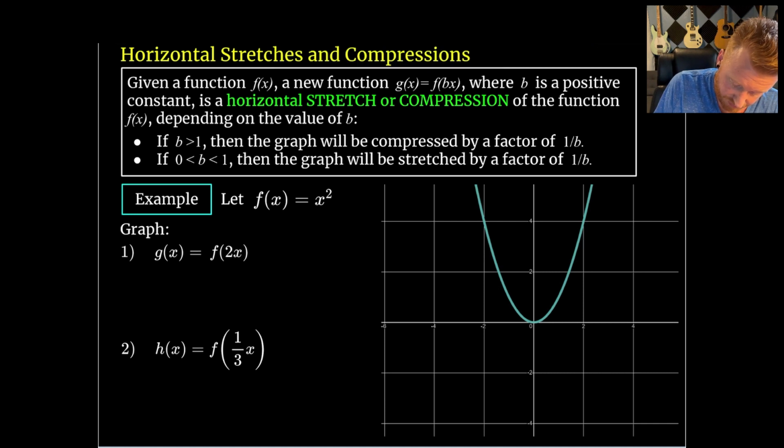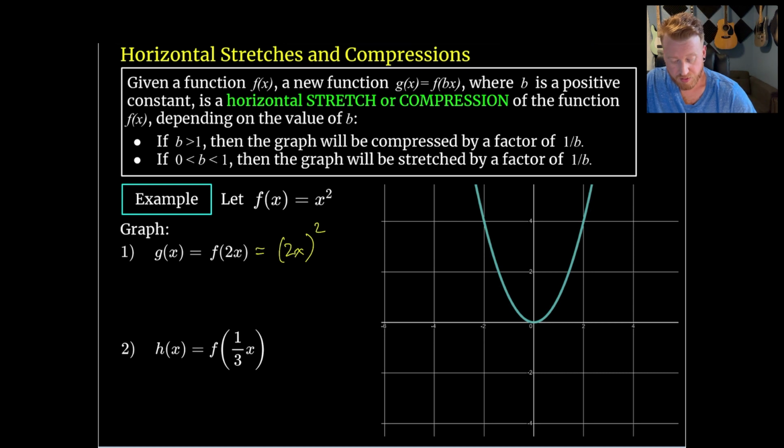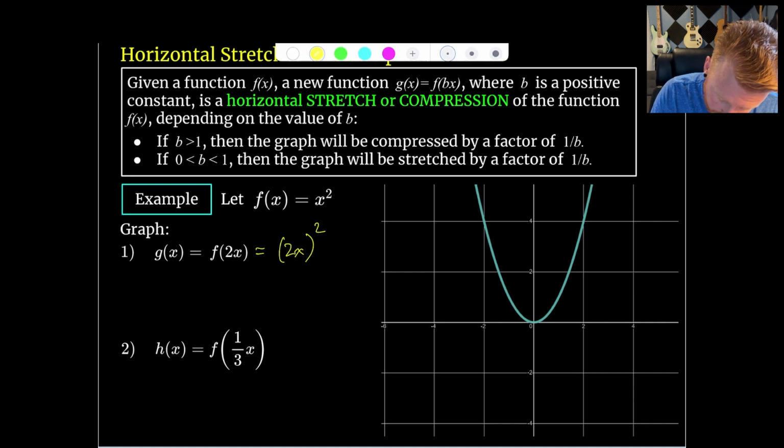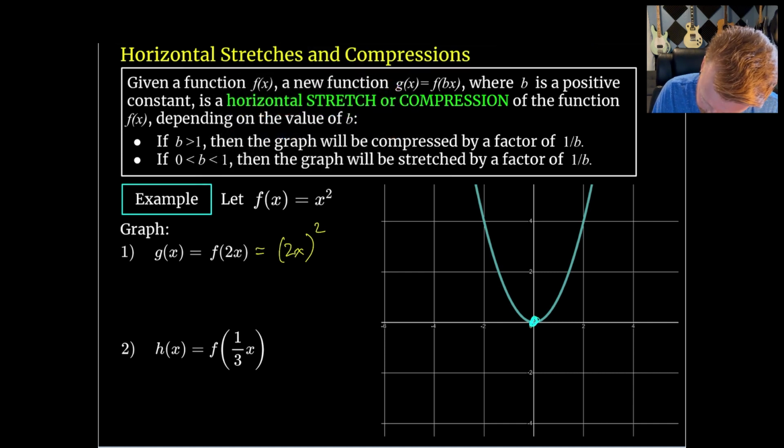So what we've got going on is that I can write this as 2x being squared. So here I'm multiplying the input by 2 and then squaring it once we're done. So if you just grab some points here, we will look at the vertex here, which is always kind of an important point on a parabola.